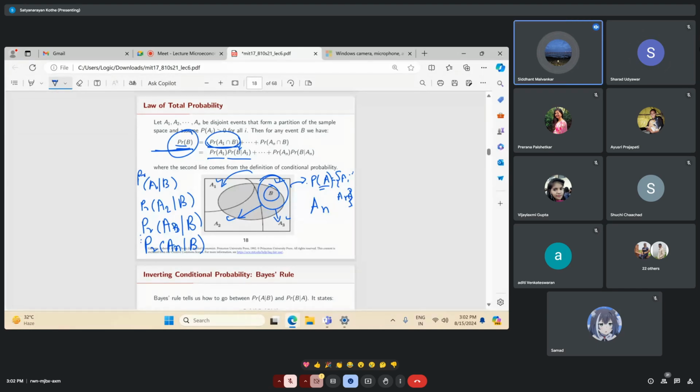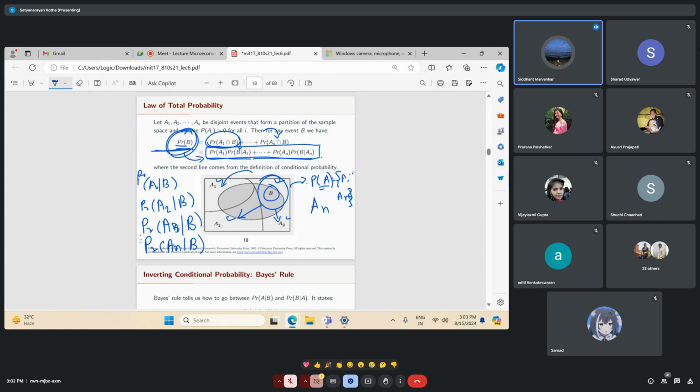Then if we extend this idea to have all the corresponding probabilities rearranged, we get this equation. The probability of B is equal to the probability of A1 times the conditional probability of B when A1 takes place, plus the probability of A2 times the probability of B when A2 has taken place, and if you have extended to n events as A, then it will be the probability of AN times the conditional probability of B when AN takes place.